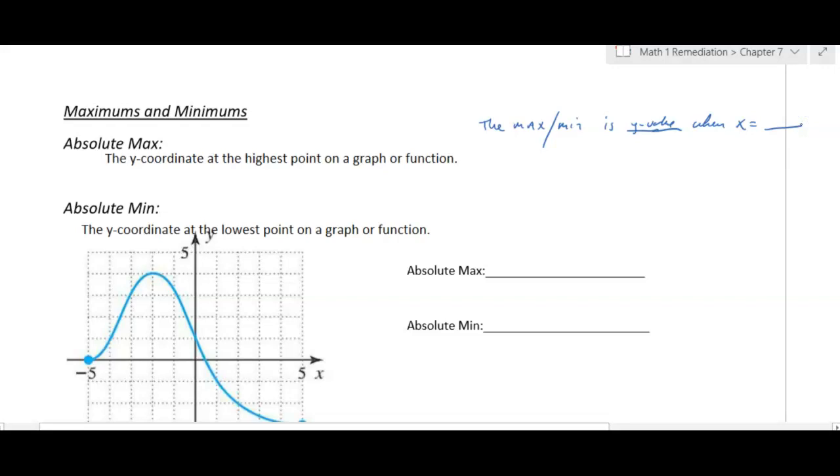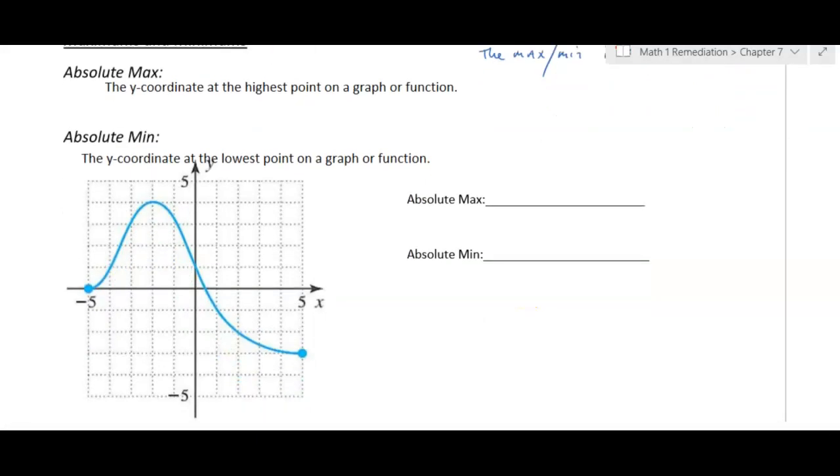Okay, so right away, when I look at the first example, the first thing I'm going to do is trace the graph, and say if I start here and I get right here, this point here is the highest point on the graph, right? Therefore, this is where the max is going to be.